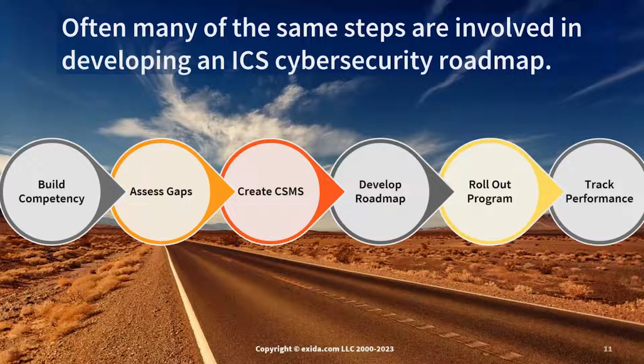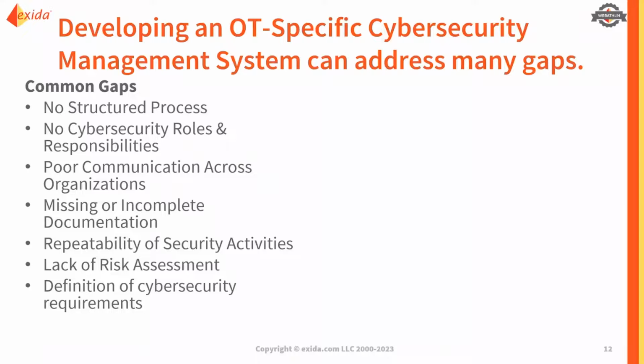And so if we look at the next step there about how we can look at building a cybersecurity management system, as we've gone through and done benchmark studies, we've seen a lot of common gaps. Some are as simple as not really having the right documentation in place or not defining it clearly.